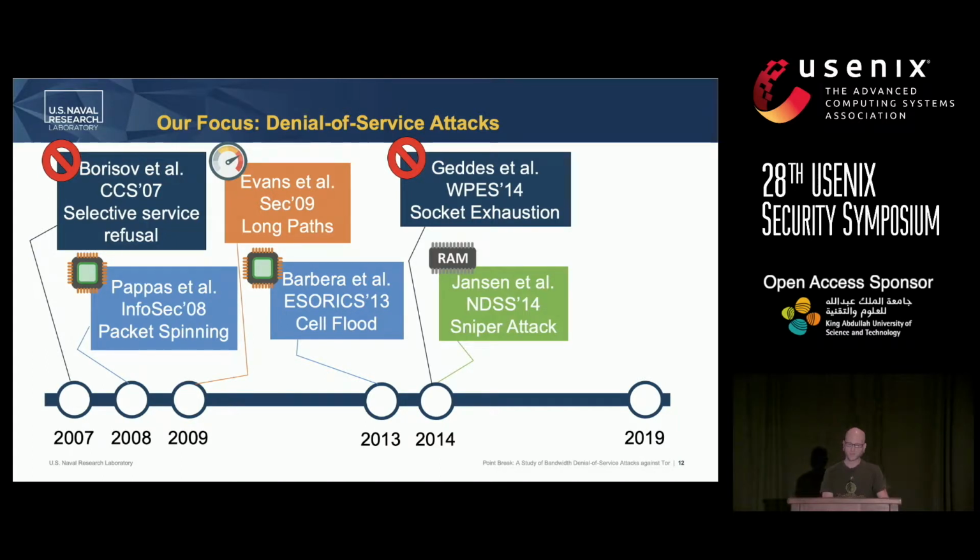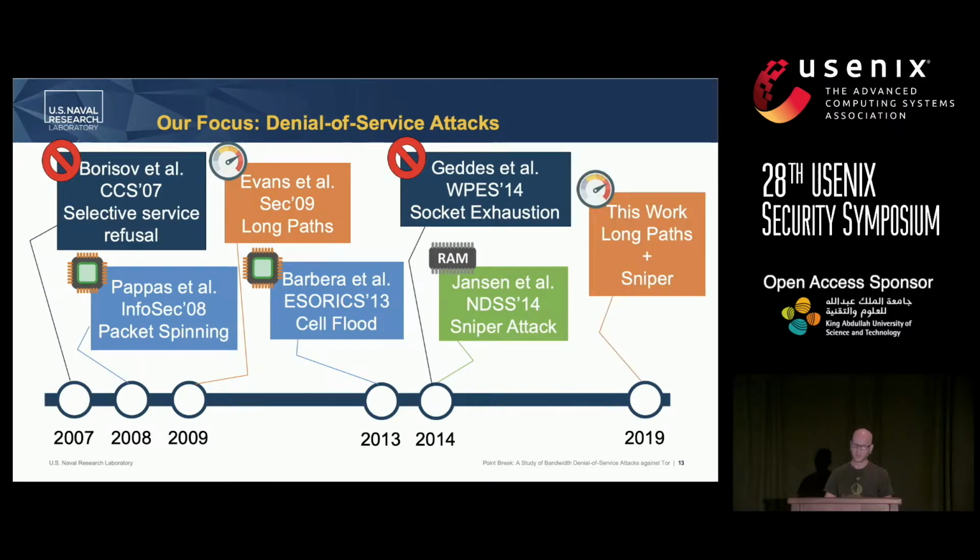And in 2014, the sniper attack was presented with the goal of consuming memory resources and causing a relay process to be killed by the operating system. In this work, we focus on bandwidth denial of service attacks using some techniques from previously published work as a way to consume bandwidth on the network.